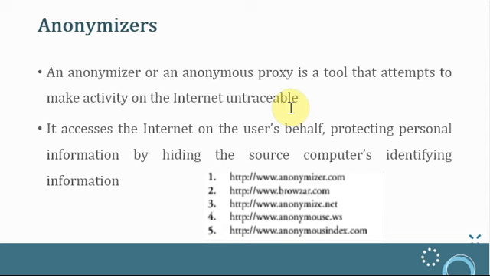So anonymizers are services used to make web surfing anonymous, that is, without revealing the identity, by utilizing a website that acts as a proxy server for the web client. The main purpose is that whatever activity you're doing cannot be traced. An anonymizer also hides or removes all the identifying information from the user's computer while the user surfs on the internet, which ensures the privacy of the user.